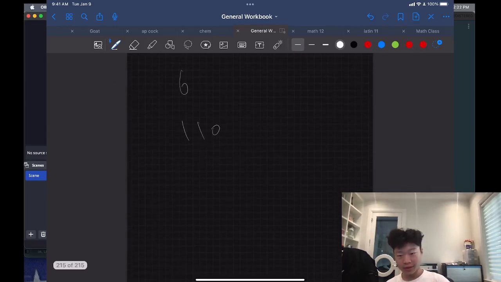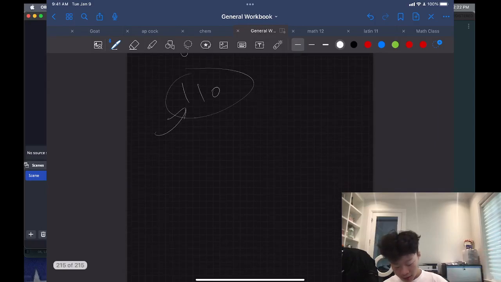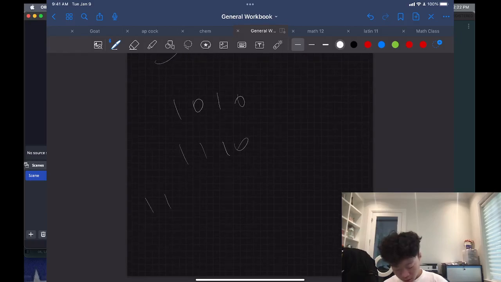So all x values start at 110, then it keeps adding this 4. Then it'd be like 1010, and then 1110, and it keeps going, like 11110. Every single thing could be there, and it will be there. 10.